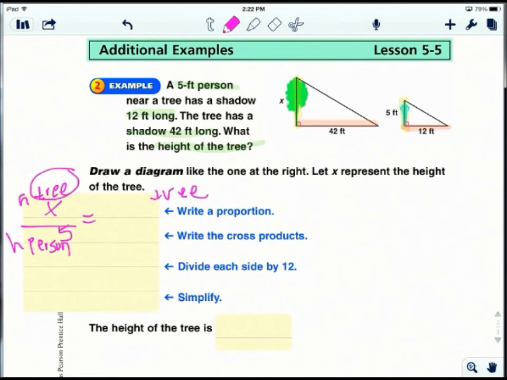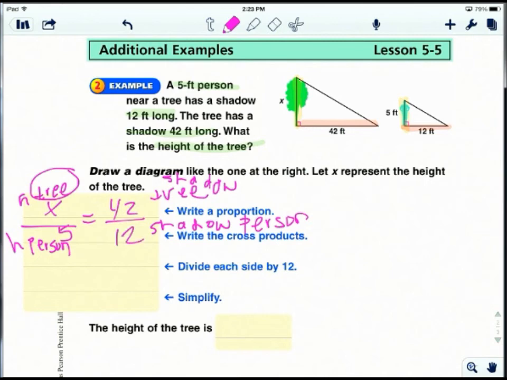So what else of the tree? The shadow of the tree. So the shadow of the tree is 42 over what? Well, now the shadow of the person. So it matches up because we did tree over person and tree over person. Shadow of the person. So that would be 12.